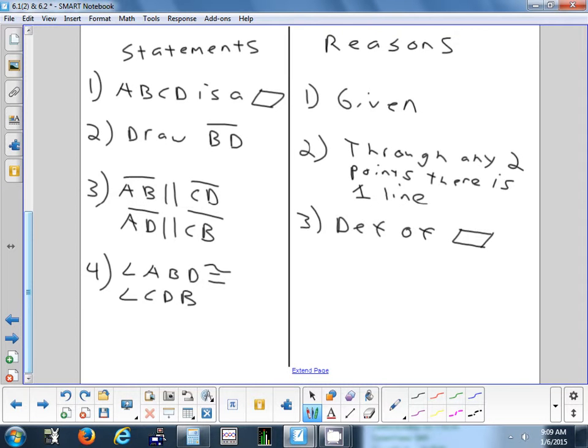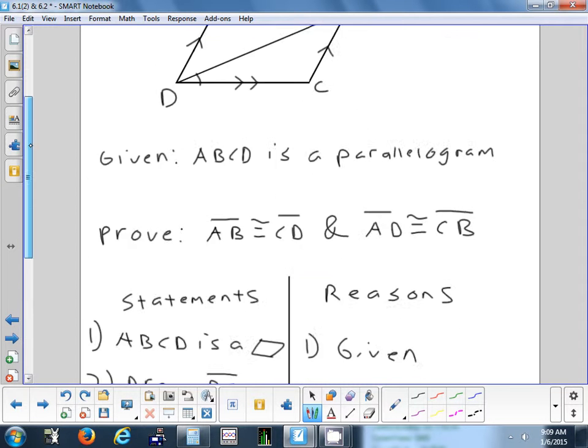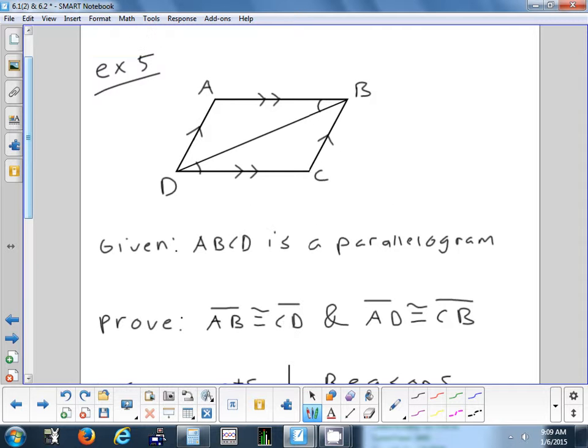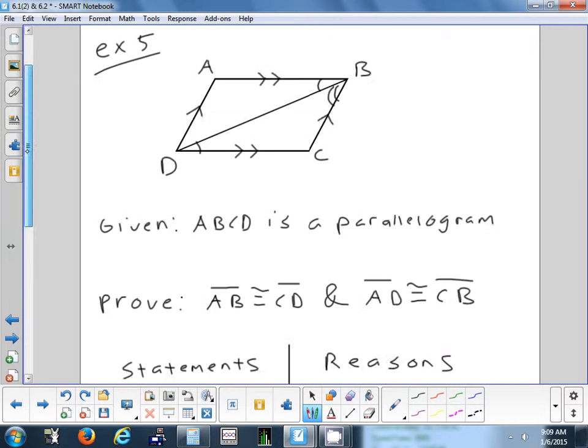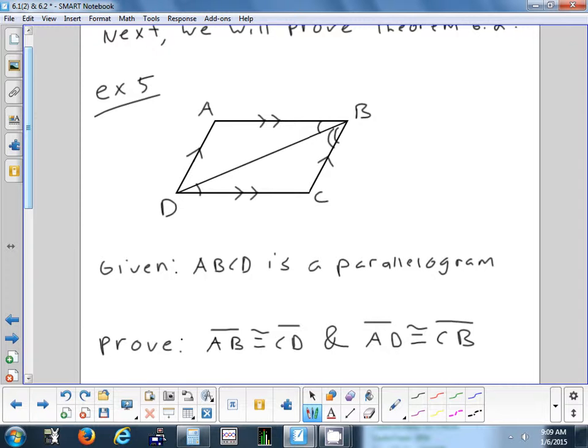And while we're writing that, we can actually look at something else. How about that angle? Angle DBC. Anybody tell me what that one would be the same as? This time you're looking at your parallel lines that are going in the more vertical direction rather than the horizontal.